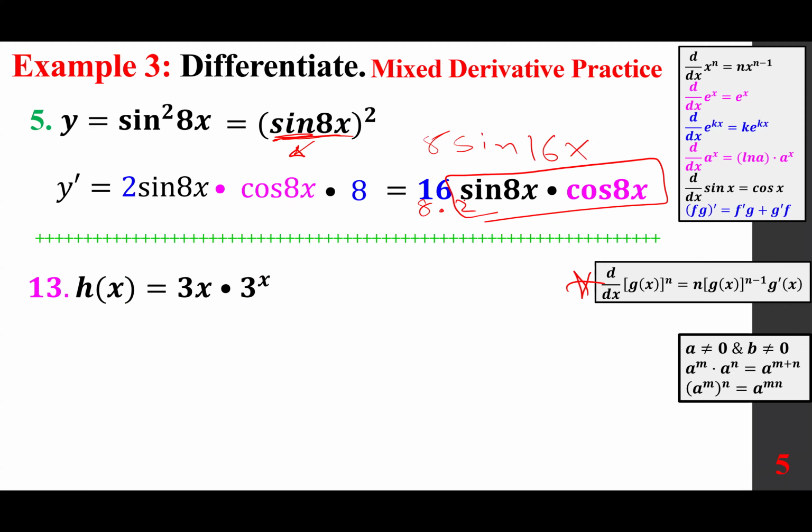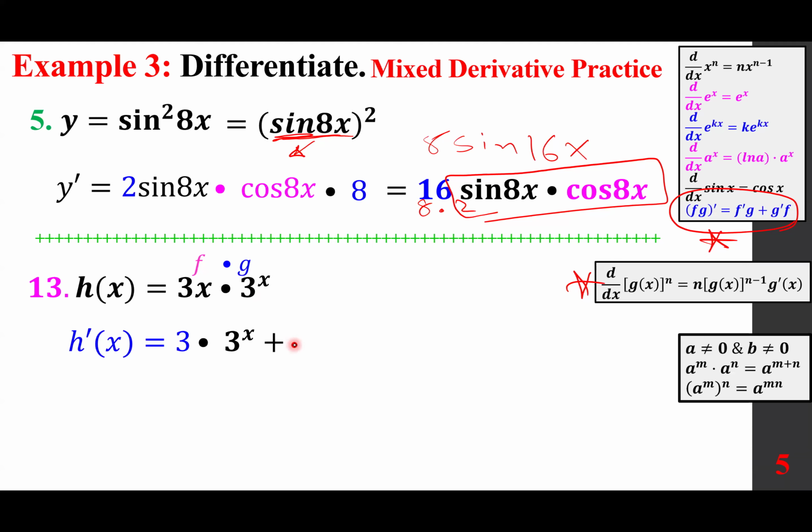All right, we're going to differentiate this, and we notice it is the product of 3x and 3 to the power of x. So we are going to call it f times g, and we're going to use the product rule on that. Therefore, we need f prime g plus g prime f. F prime is simply 3 times g is 3 to the power of x plus g prime.